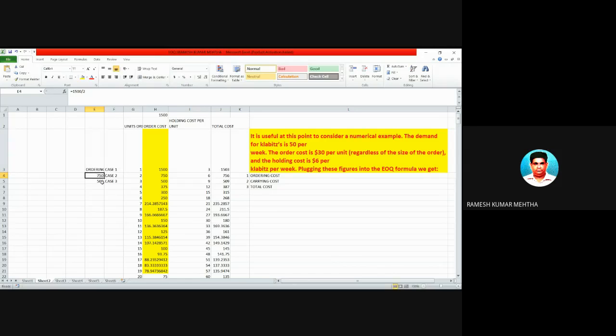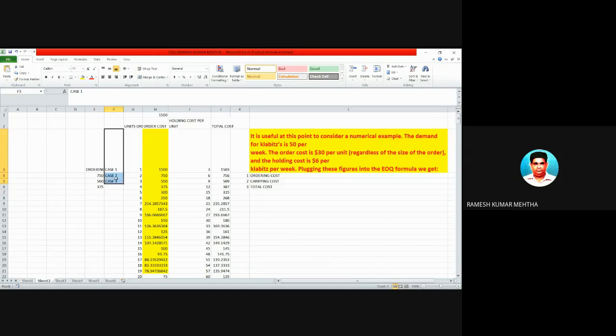So what has happened? The ordering cost is declining. अगर मैंने 4 दिया तो एक के पीछे कितना होगा? एक बार फोन किया, उसको बोला, just I told him send me 4 units. So I have to pay for the telephone 1500 rupees. So 4 units I am asking him to send. So per unit, what is the ordering cost? It is becoming 375.